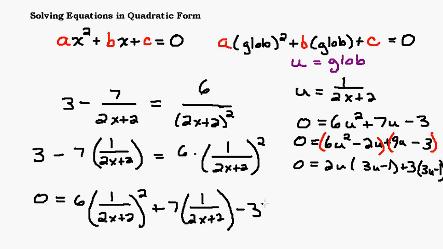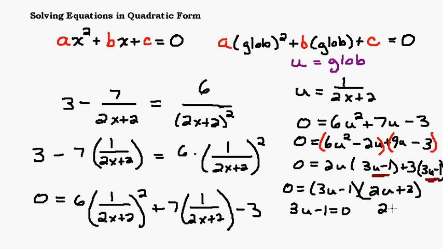So then we can take out the 3u minus 1. And when you're doing factor by grouping, remember, you know you're on the right track if these two parentheses come out to be the same. So once we take that out, then we have 2u plus 3. Alright, so 3u minus 1 equals 0, or 2u plus 3 equals 0.